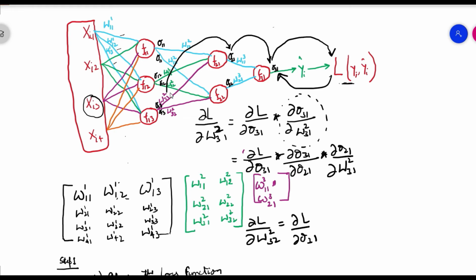Now to cover this part, we will multiply it with the rate of change of output O31 with respect to output O22. Now we will cover this part and we'll further multiply it with the rate of change of our output O22 with respect to weight W232. So I have done it for these two pairs.